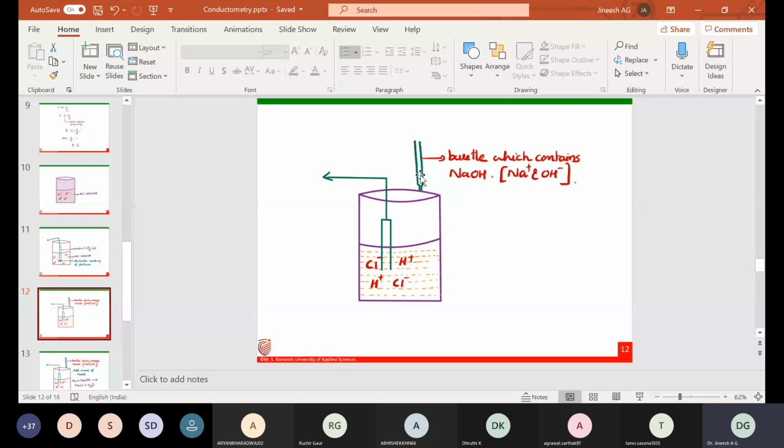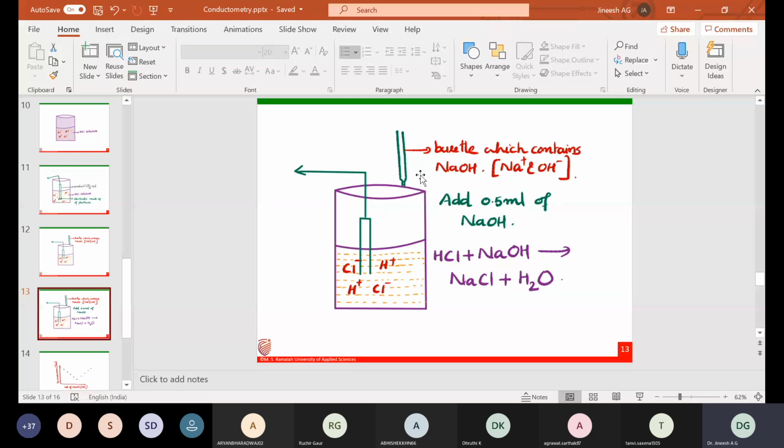Okay, next step: add 0.5 ml of sodium hydroxide solution into the hydrochloric acid. After adding that 0.5 ml, with the help of a straw, you have to mix the solution properly.